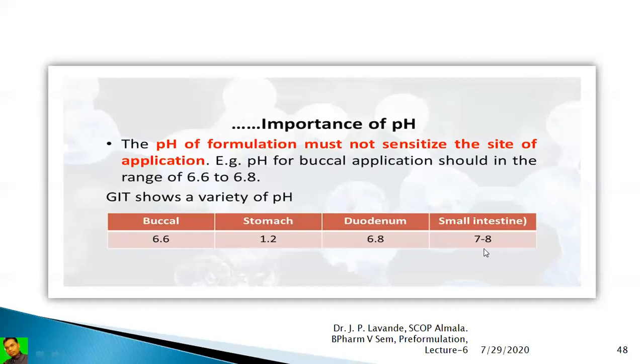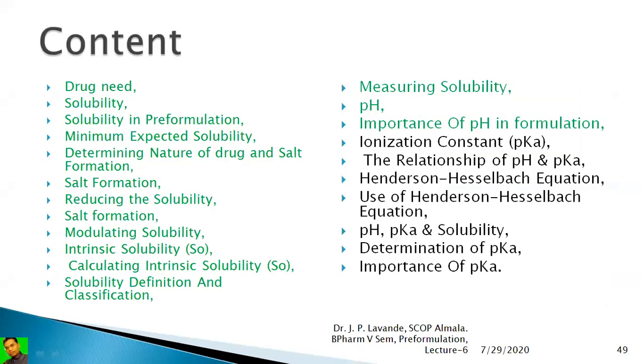For small intestine, it is 7 to 8. So as far as the intestine is concerned, it is toward the alkaline side. For duodenum, again, it is slightly acidic or near neutral. Buccal is again slightly acidic, but the stomach, because of the release of hydrochloric acid, is strongly acidic, pH 1.2. So this is the significance of pH.